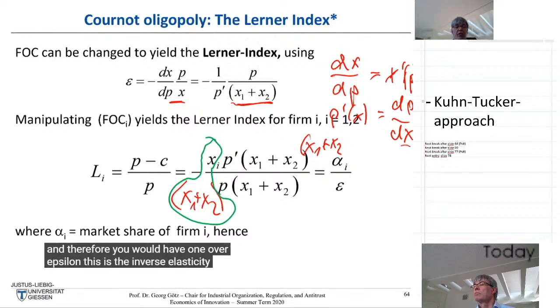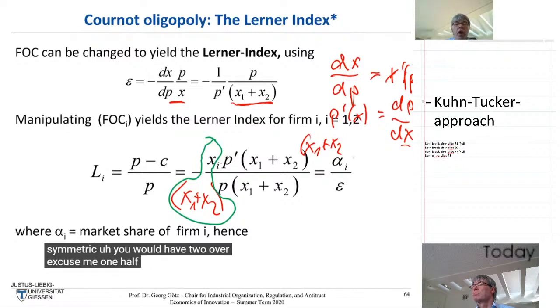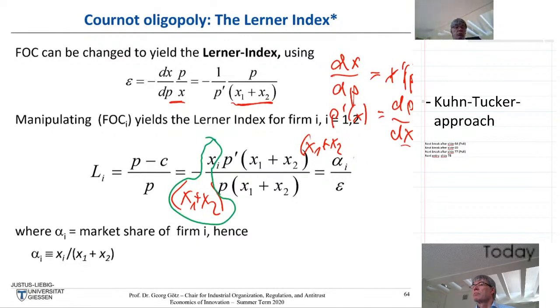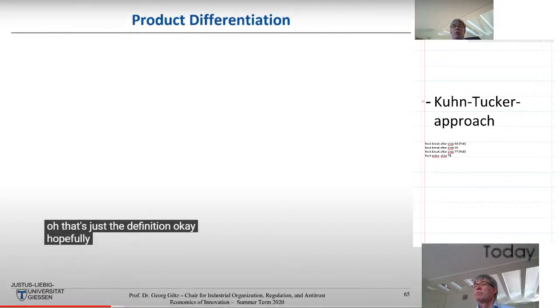This is the inverse elasticity rule in a sense, and you see that if you have more than 1 firm, if you have 2 firms which are symmetric, you would have 1 over 2 epsilon, and therefore the price would be closer to marginal cost. The Lerner index would be smaller, and you would have smaller market power. That's just the definition. Okay, hopefully.